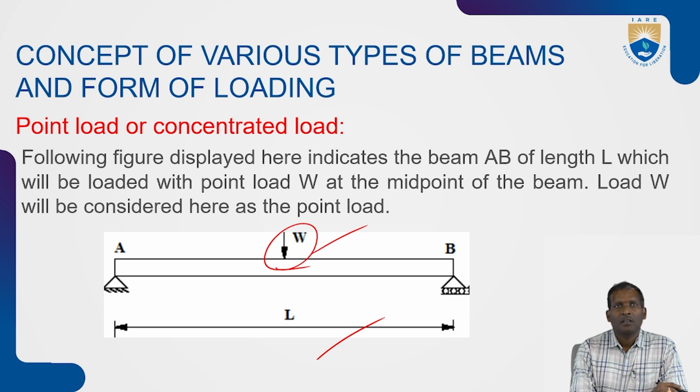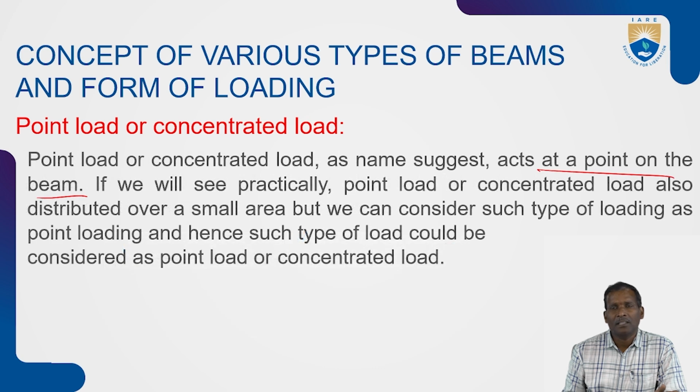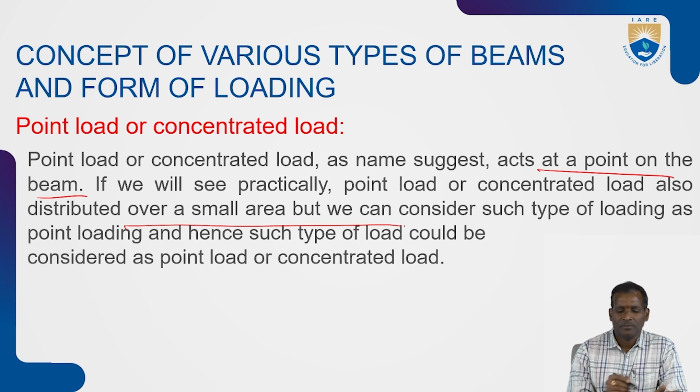So in this, the beam AB is loaded with point load W at the midpoint. Why is it said to be a point load? The load is concentrated at this point only. But in practice, the concentrated load is also distributed over a small area, but we are not considering that.